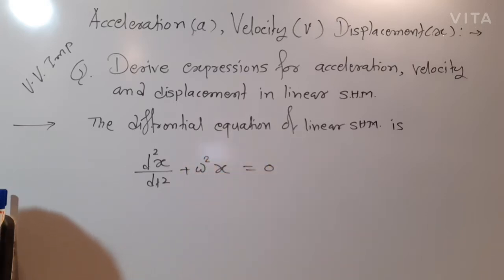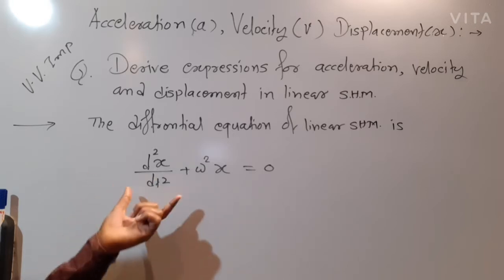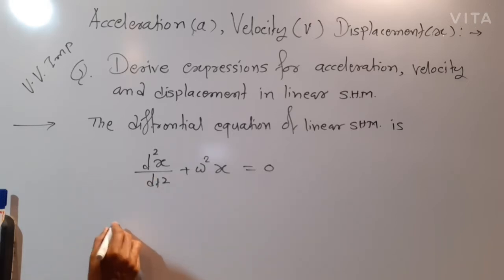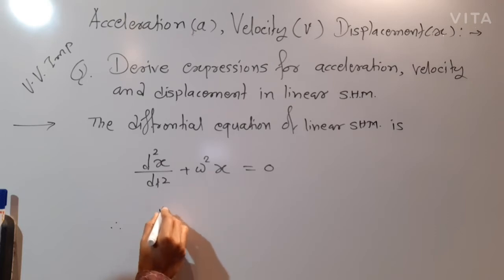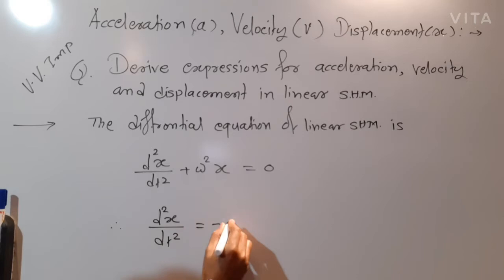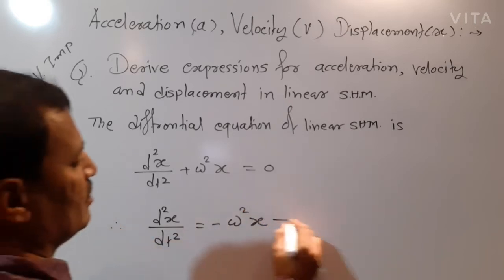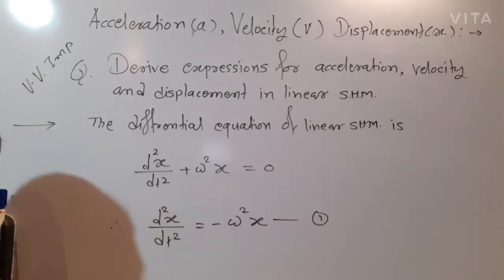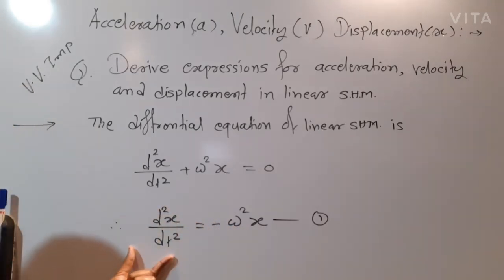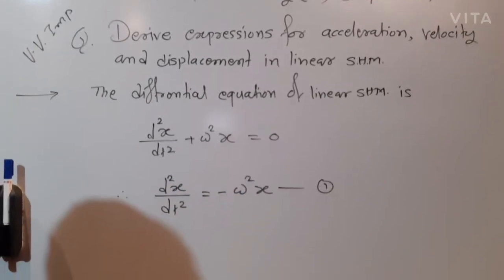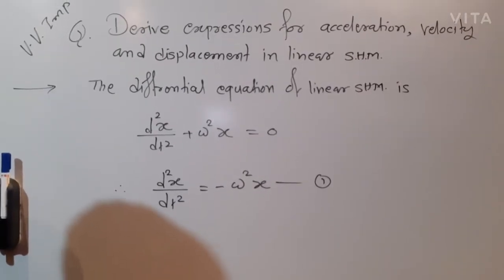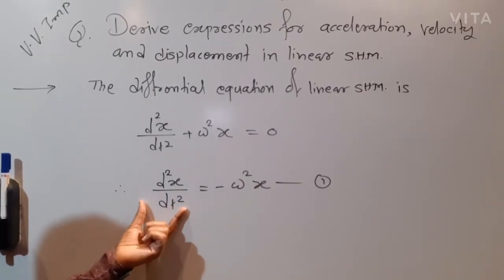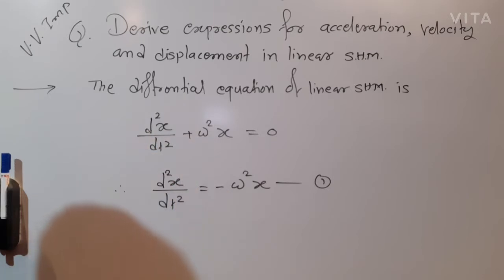We know that this is our differential equation, but from this we are going to separate acceleration, and therefore here d2x divided by dt square is equal to minus omega square x. Write down this as equation number 1. We know that this is acceleration, but here we are going to derive it and know how this step becomes acceleration.